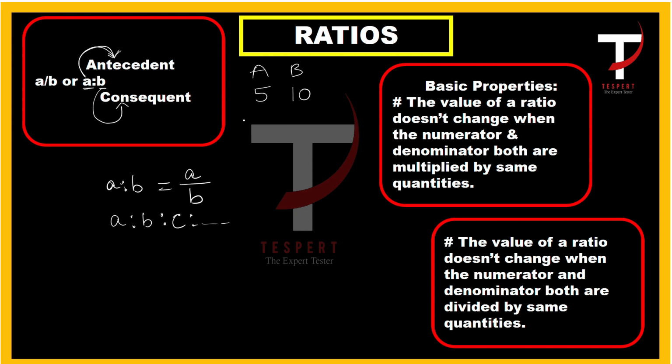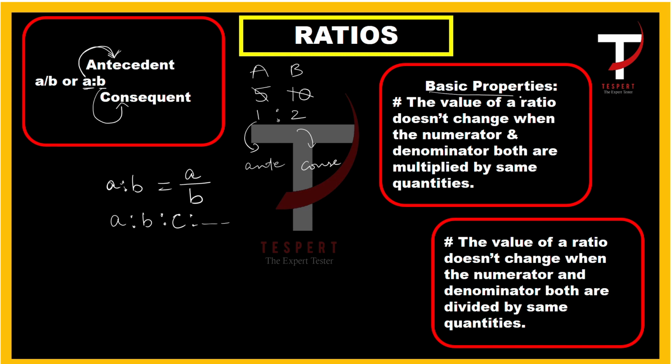What's the ratio of the number of chocolates between you and your friend? 5 is to 10. If we simplify this, it will be 1 is to 2. In 1 is to 2, 1 is the antecedent and 2 is the consequent.